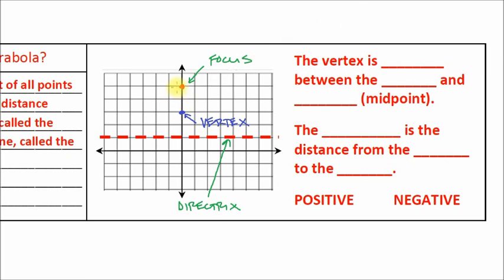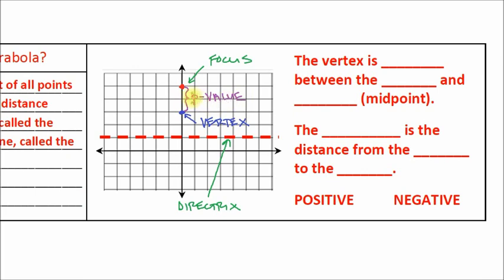So I'm looking for a p-value that's right here, the distance between the focus and the vertex, and that is my p-value. Actually, I'm going to write that on the other side. This is going to be our p-value. You'll be hearing a lot about that as we deal with focuses and directrix. So in this case, you can see on our graph the p-value is equal to 2.